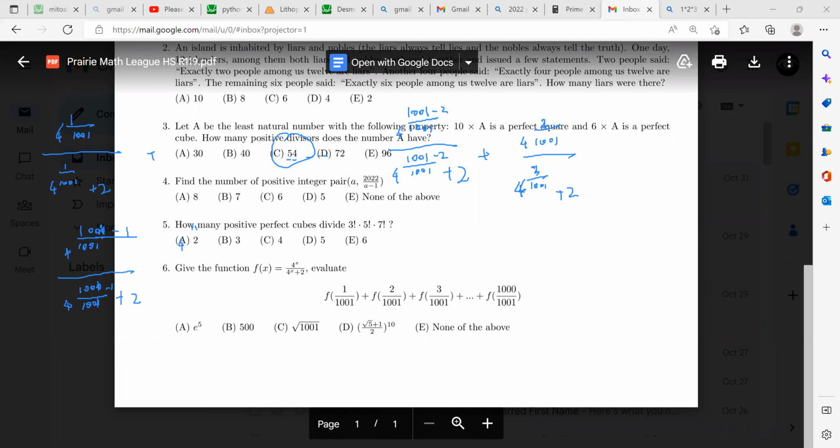So 1001 divided by 4 times 1001 minus. In this case, it is 1. In that case, it is 2. And in another case, it would be 3. So let's just say n, where n is just a number, to show you it will work in every case. It can be simplified like this in every case.